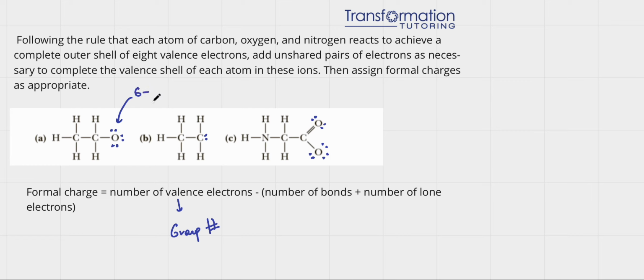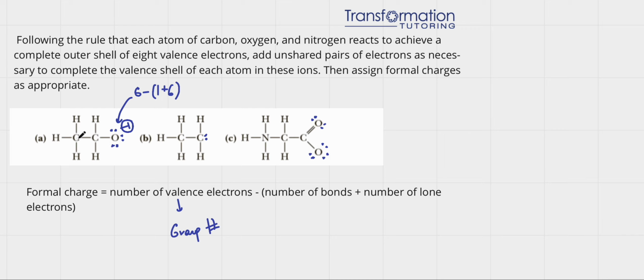Some periodic tables say 16, but we will drop the 10. So it's going to be 6 minus the number of bonds. It has 1 bond here, plus number of lone electrons, 1, 2, 3, 4, 5, 6. 6 minus 7 is equal to minus 1. So we put minus 1 here.